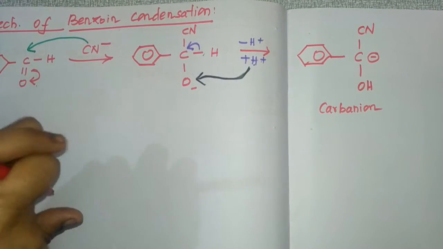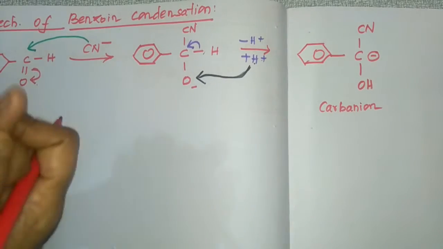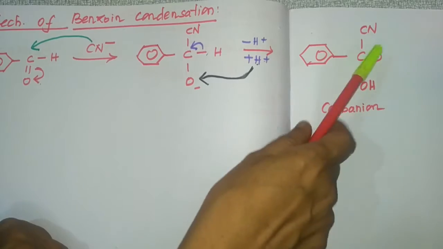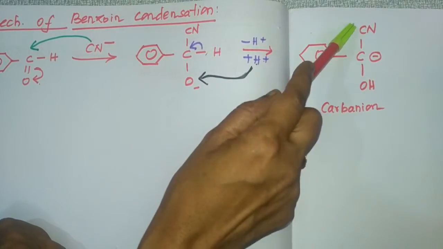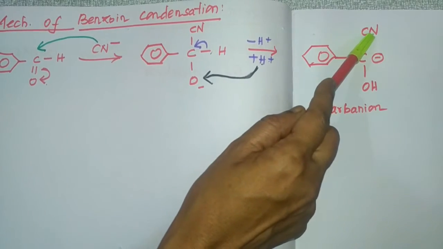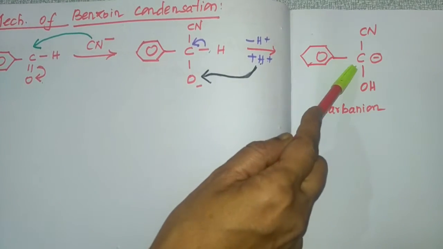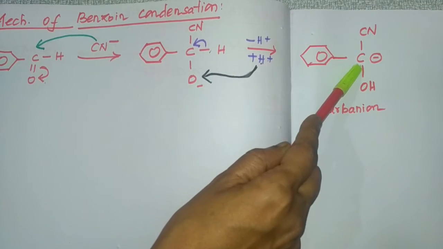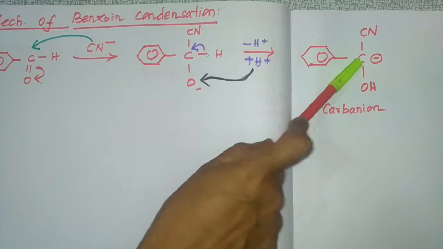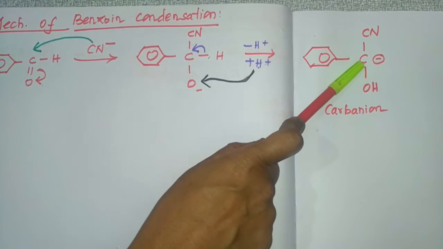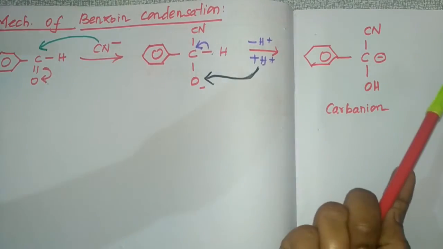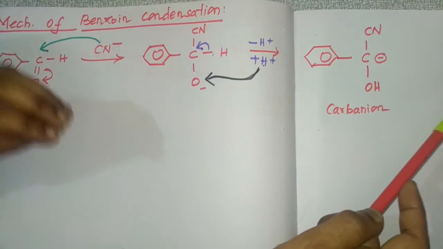This carbanion gives stability, because of the presence of this electron withdrawing group, the charge will be more on this carbon. There will be an increase in the charge on this carbon. Because of this reason only it gives stability.